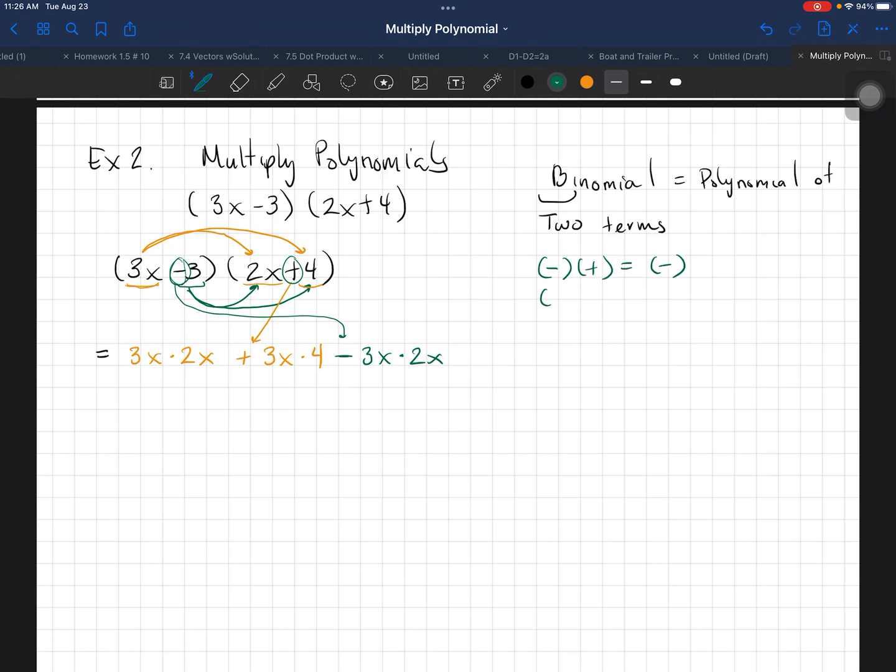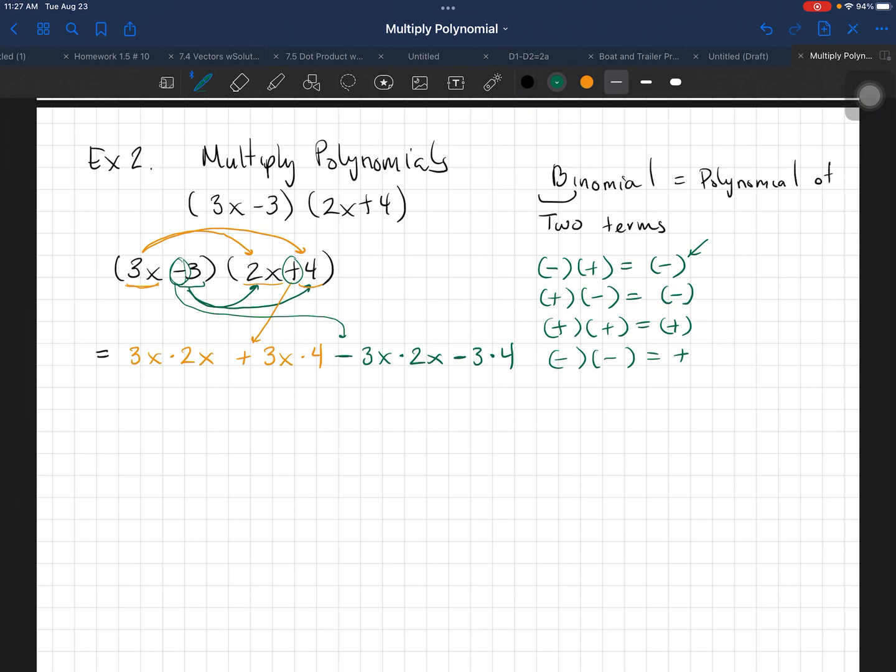A positive times a negative gives you a negative. A positive times a positive gives you a positive. And two negatives make a positive. That's not true in life, but in math it is. So negative 3 times positive gives you a negative, so we're going to have negative 3 times 4.